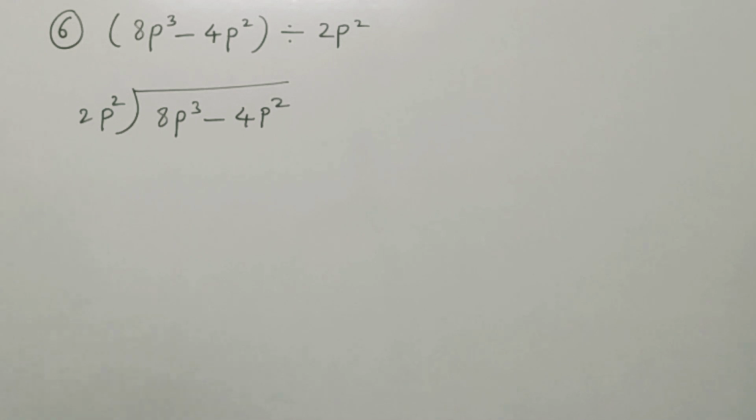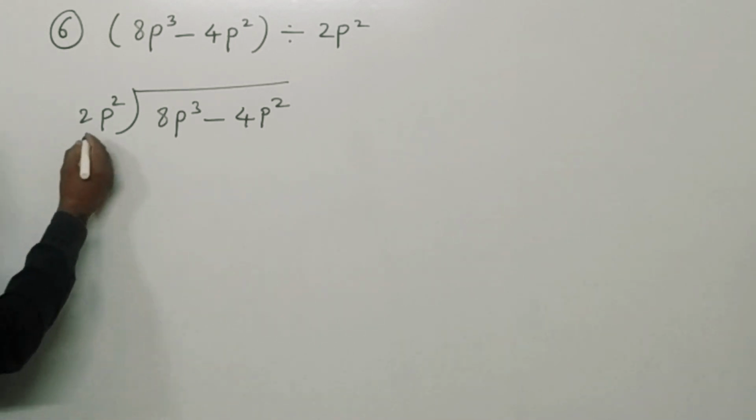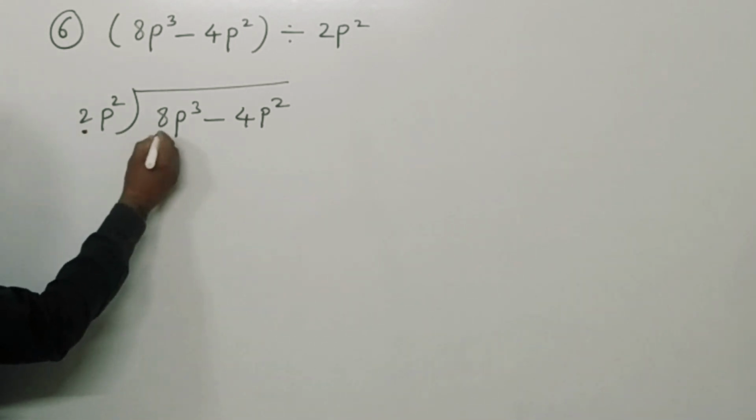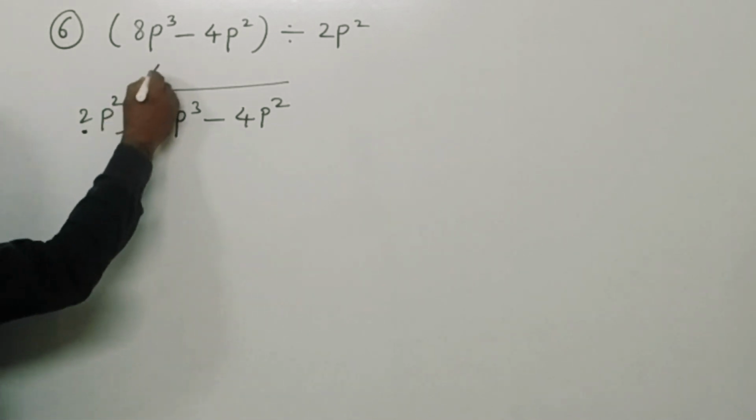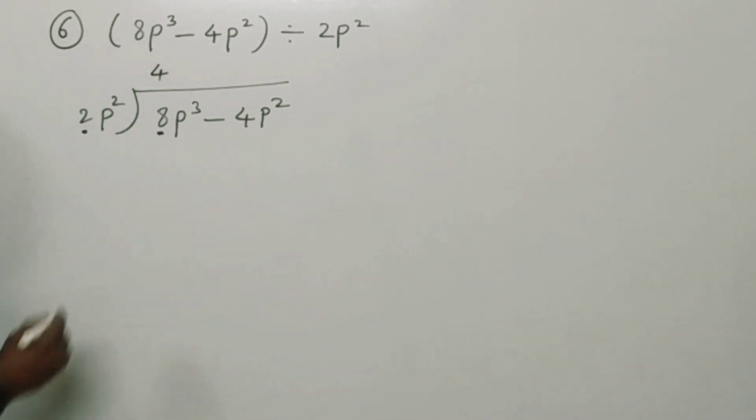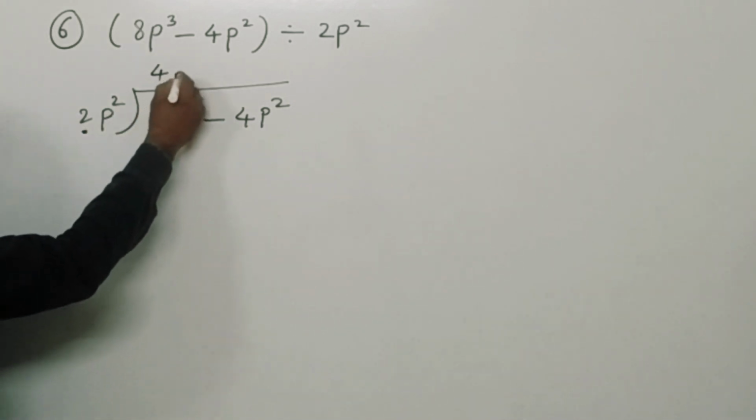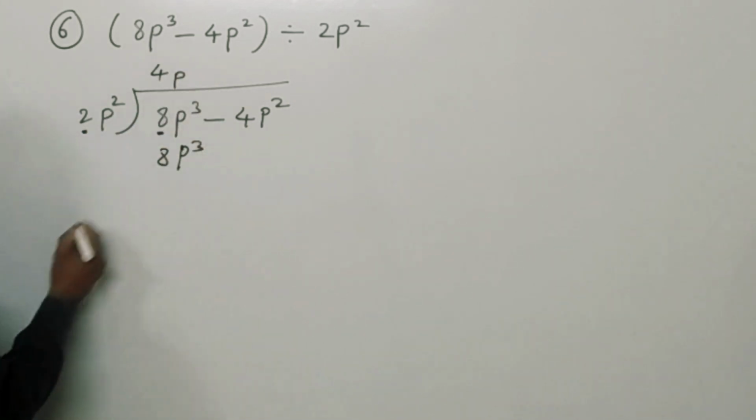Sixth example, a polynomial divided by monomial. 8p cube minus 4p square divided by 2p square. So first, 2 4s are 8, 2 into 4 is equal to 8. p square into p is equal to p cube.